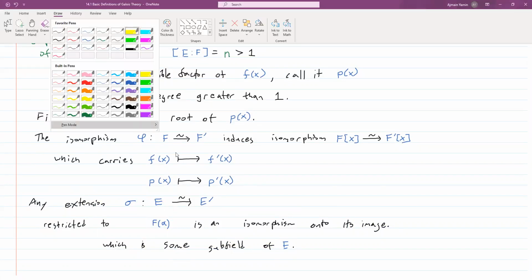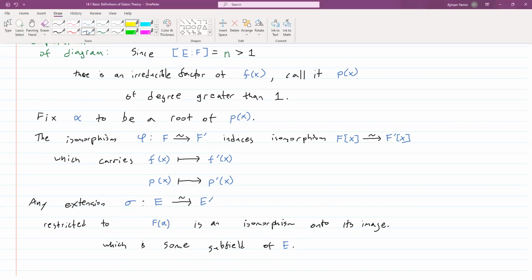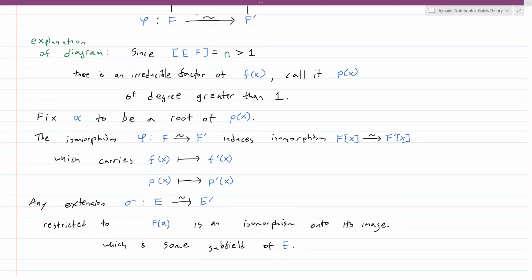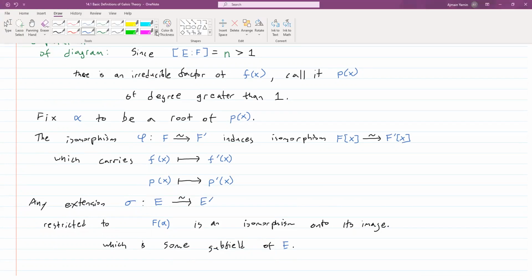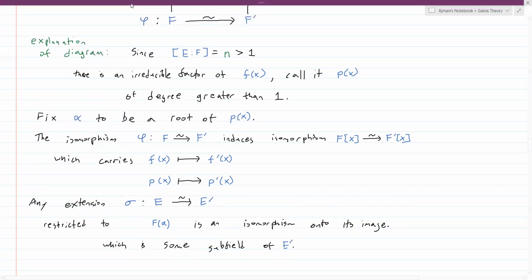So when we restrict sigma to F adjoint alpha, we get an isomorphism onto some subfield of E prime.